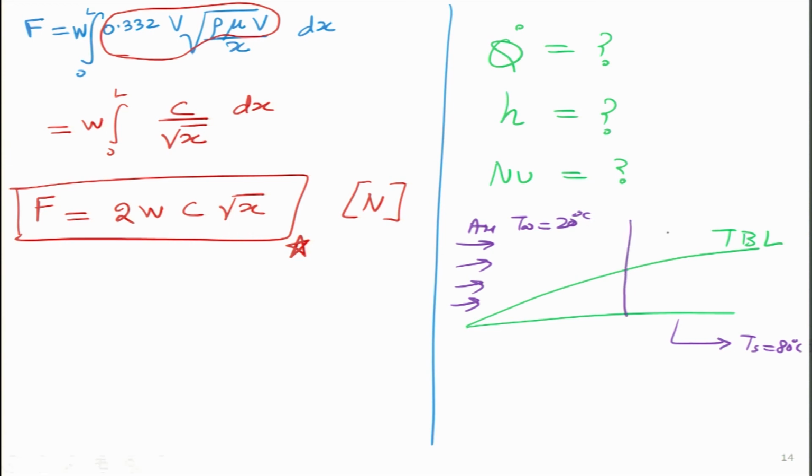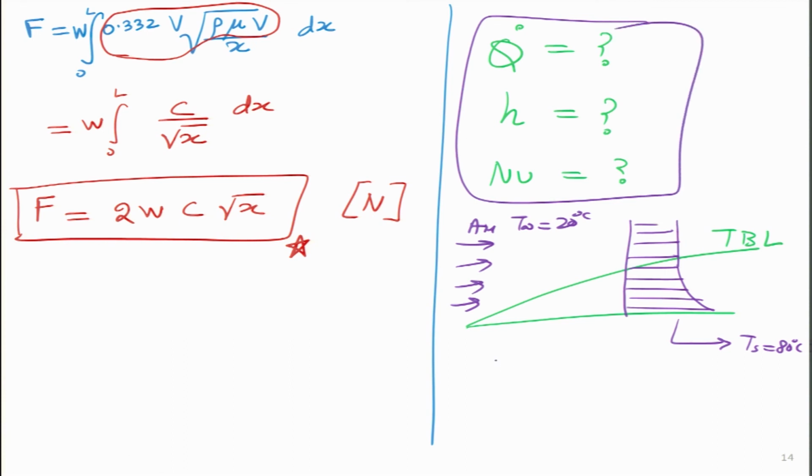So, can we also figure out using the Blasius equation, because there is a lot of similarity between momentum and heat and mass transfer, just by looking at this expression, these particular values for a given length of the plate? And the answer is yes.